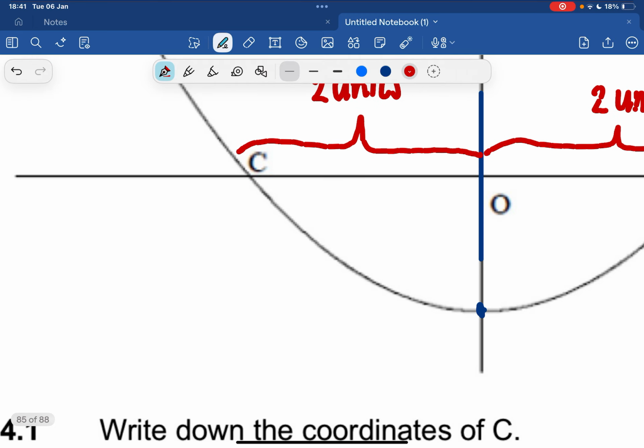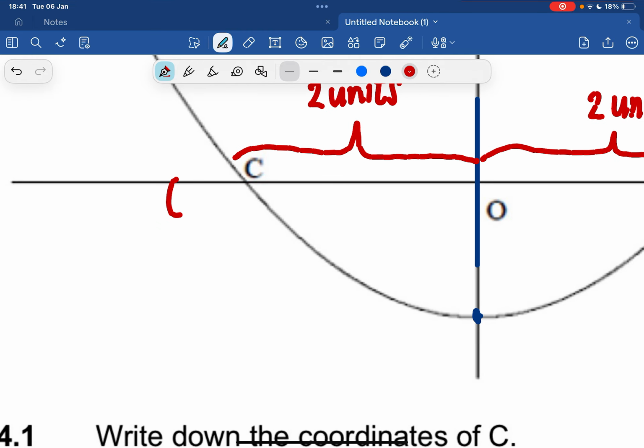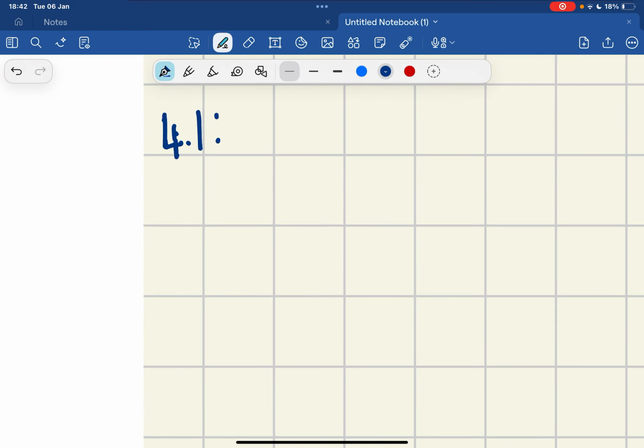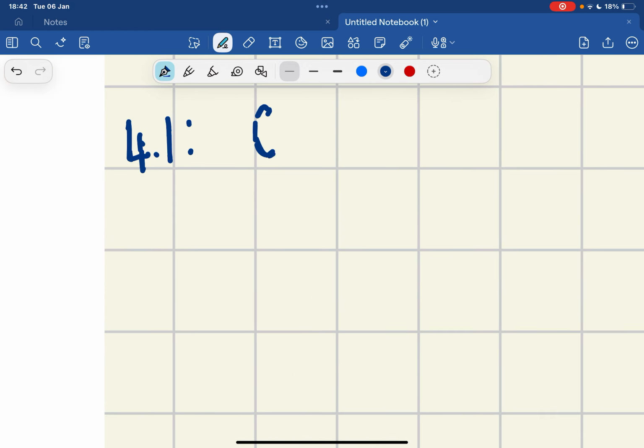As such, point C should be negative 2, 0, if you go according to the logic that I'm using. So therefore, point C is equal to negative 2, 0.